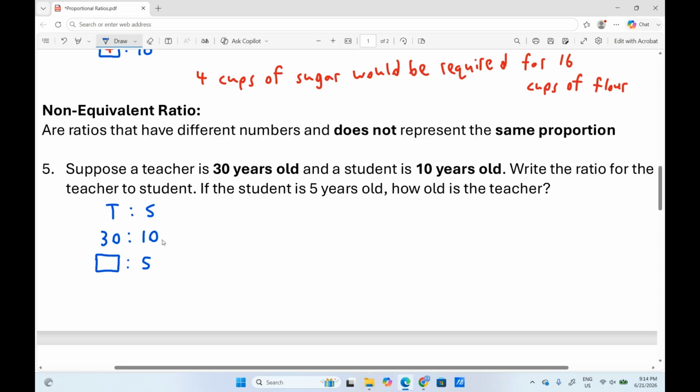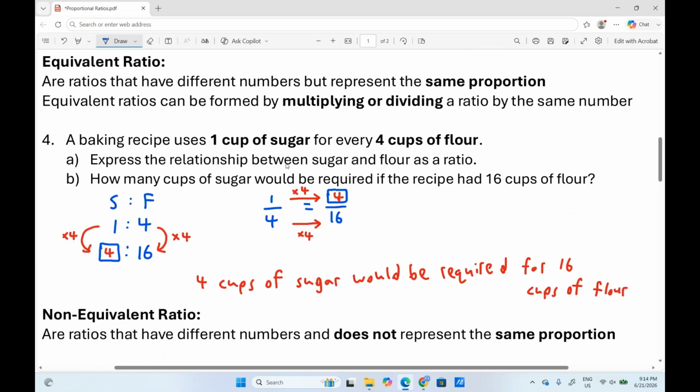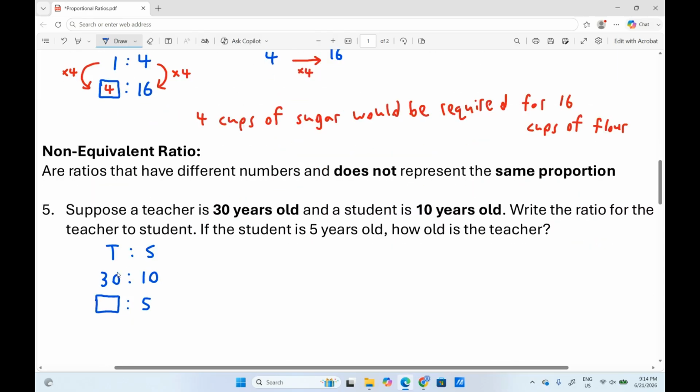So you can't just multiply or divide the ratio by the same number to get the same answer. If you are in proportion, you are allowed to multiply or divide a ratio by the same number. Notice for this baking recipe question, I was able to multiply the ratio by the same number to get an equivalent ratio, but I can't do that for a non-equivalent ratio.